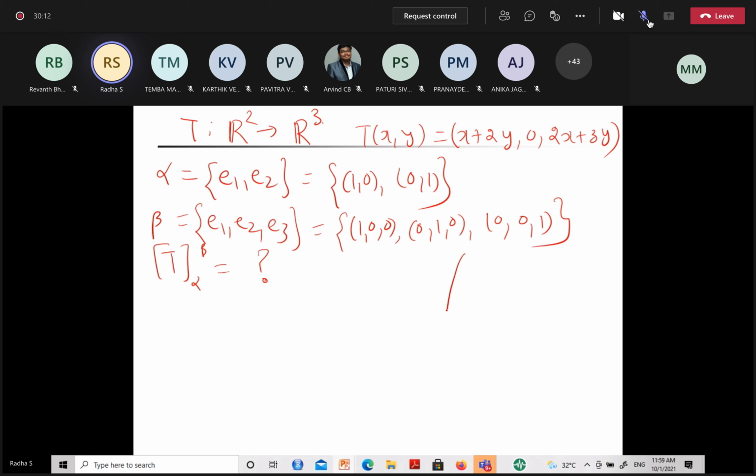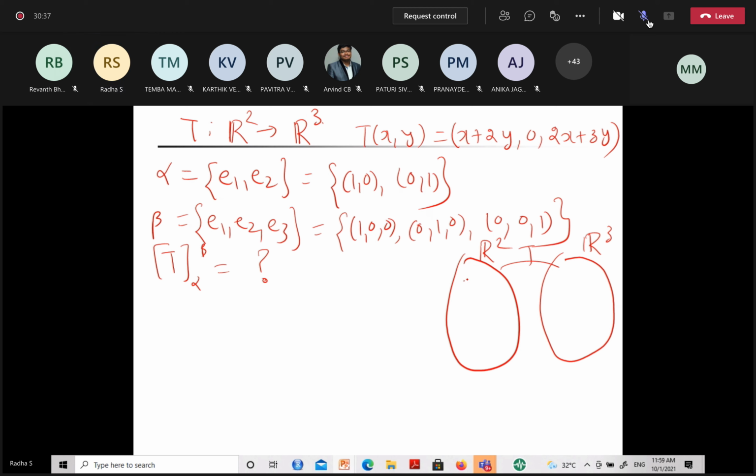So can you say how to proceed? What is the procedure? This is R square. This is R cube. T. For every element of R square, we have to find the representation in R cube after the transformation. So what elements do you have to find the image of? 1, 0 and 0, 1.